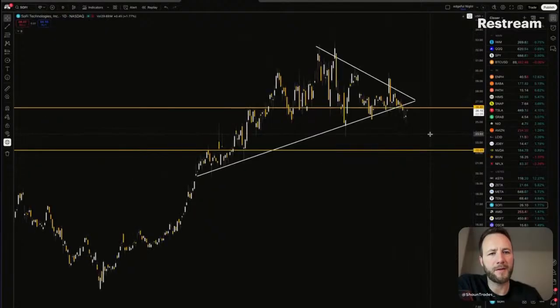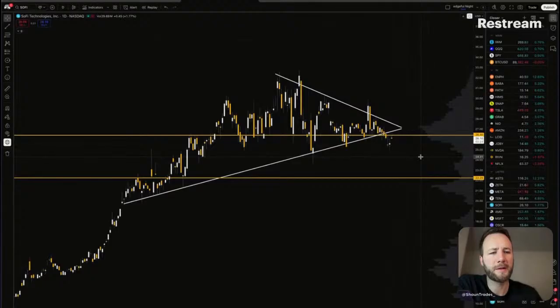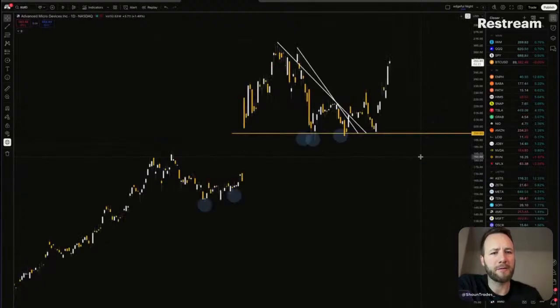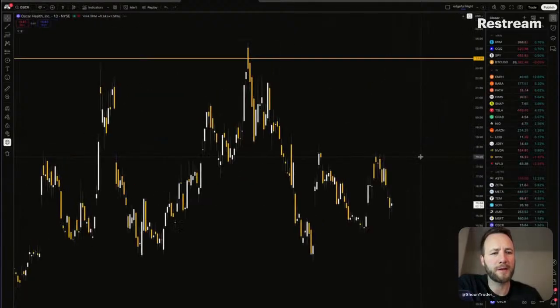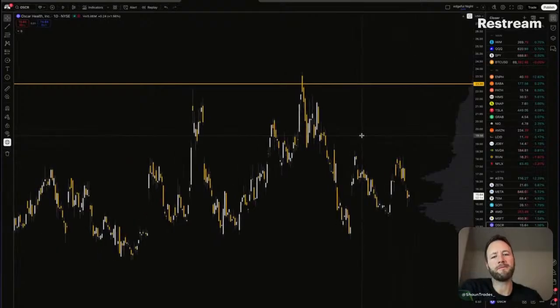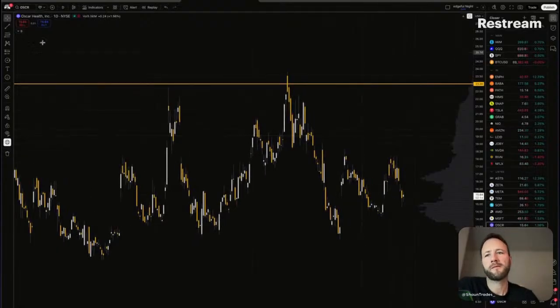TEM, SoFi coming back up probably for the retest for the downside potentially. AMD doing really well, nice. Oscar. And the people are still talking about this name, Oscar. Maybe they are.